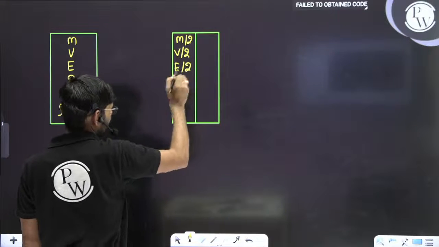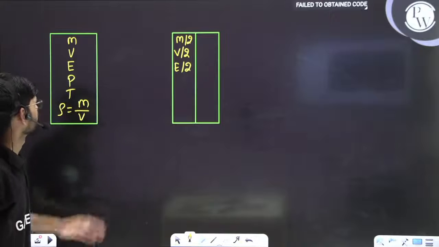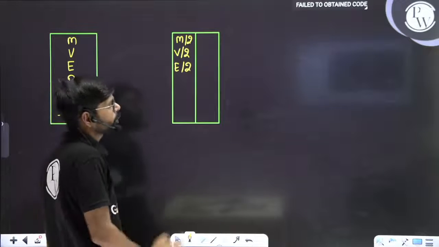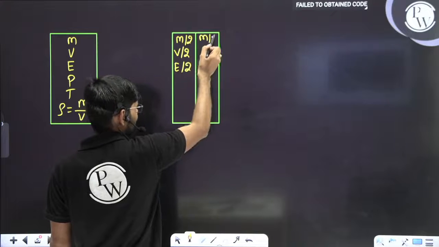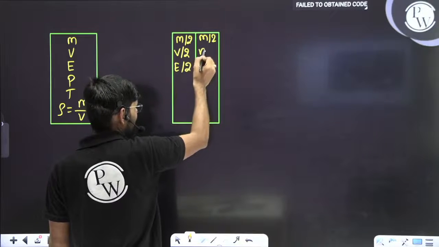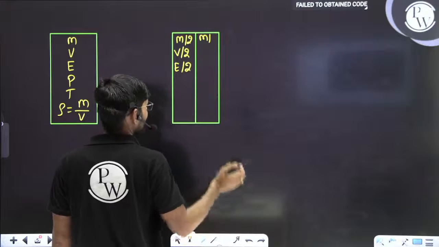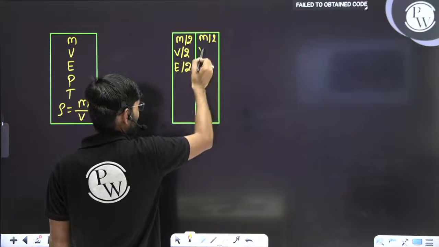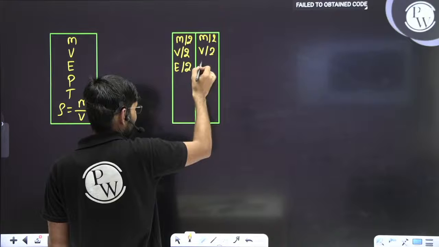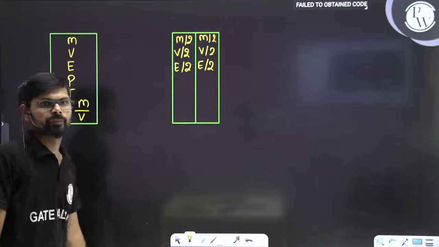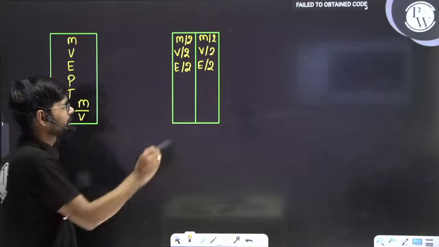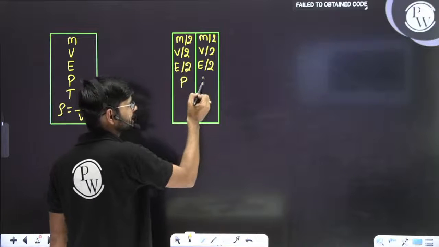But what about pressure? Half the mass will be on this side, half on the other side, half the volume on this side, half on the other side. Now, what about pressure? Pressure is not going to change. On both sides the pressure is going to be the same.